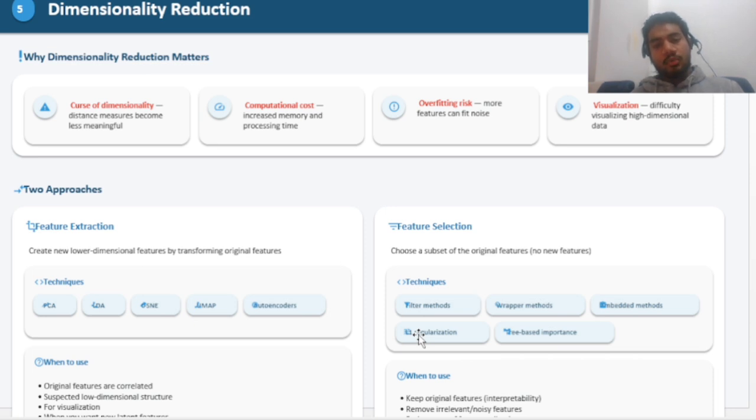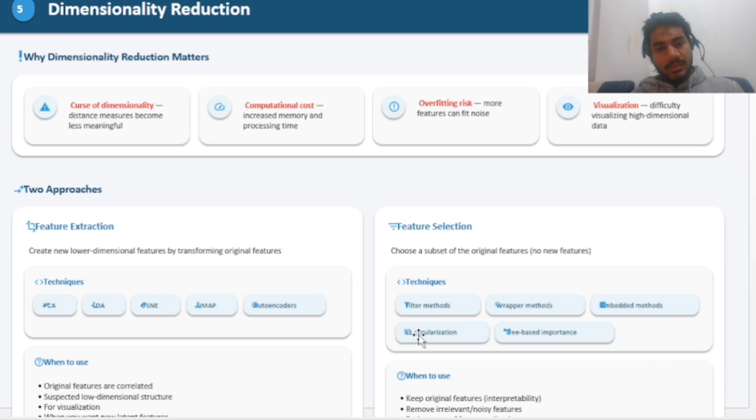And there are two main approaches to it. First is feature selection, in which we select the most important original features. Its examples are LASSO or L1, RFE, mutual information, decision tree importance, etc. Our second method is feature extraction, creating new lower dimensional features from existing ones.